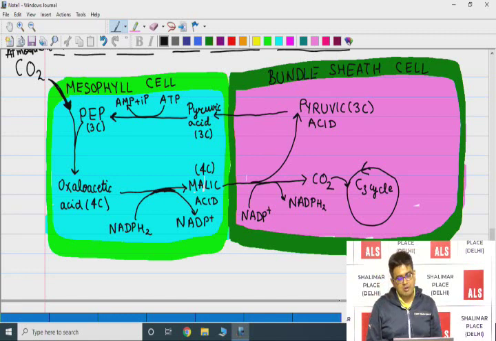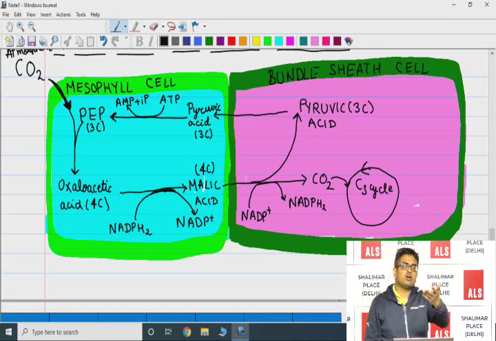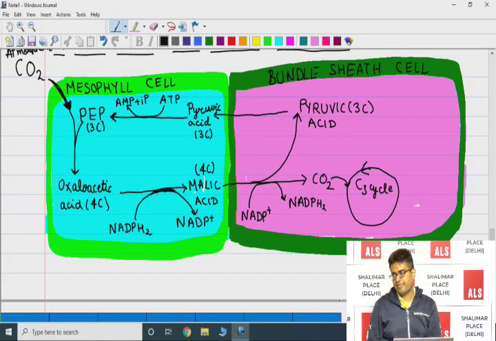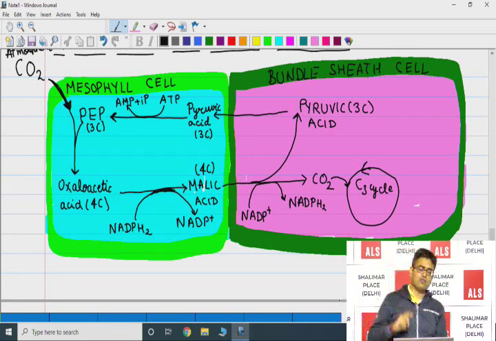Now please remember, what is the cost of photosynthesis in C3 cycle? 18 ATP, 12 NADPH2. What will be the cost of photosynthesis in C4 cycle? Can you calculate? Total 6 molecules used to make 1 glucose.